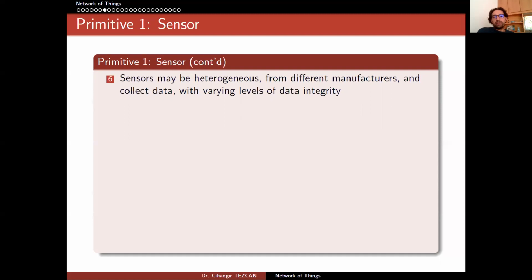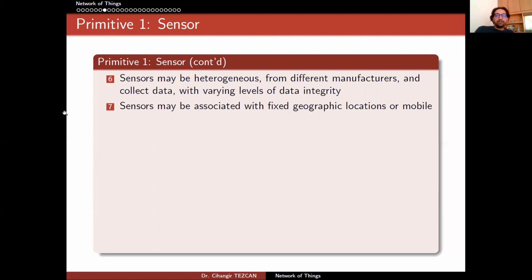So from time to time, even if you try to build a network of things with the same devices, it may not be possible. So different devices will have different computational power, and again, the way they collect the data might change. So you may have varying levels of data integrity.